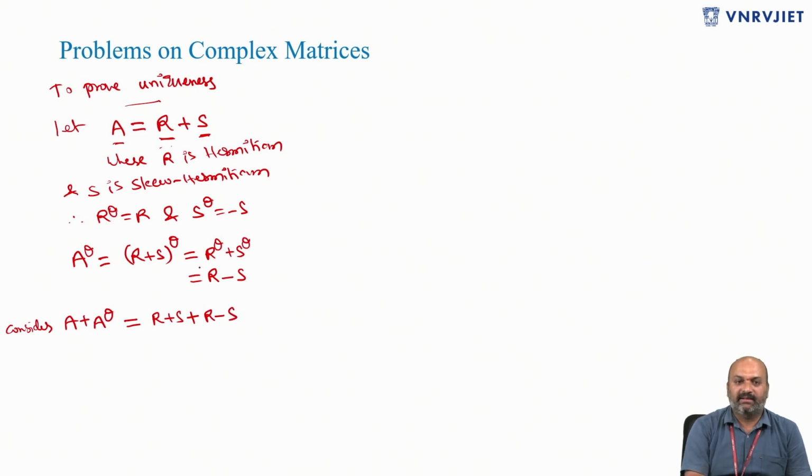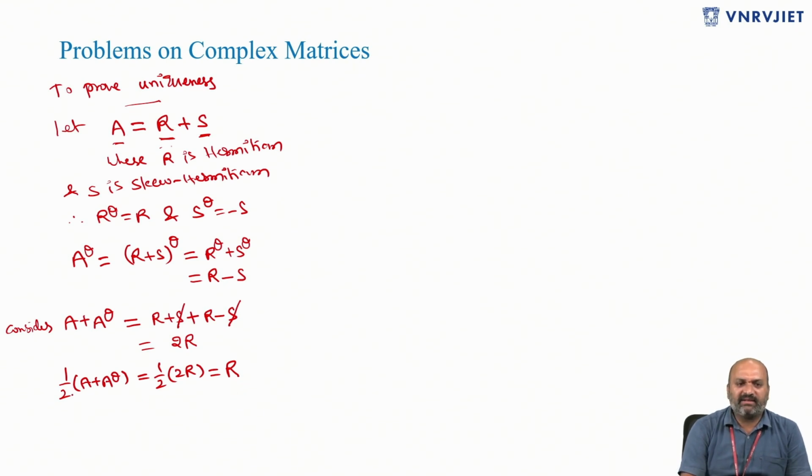A equals R plus S, and A theta is R minus S. So these two get cancelled, which equals 2R. Let's make it half. That is half of (A plus A theta), which equals half of 2R, which equals R.